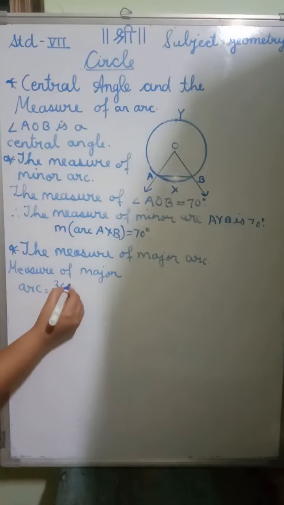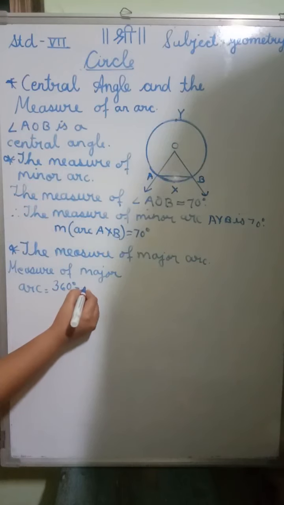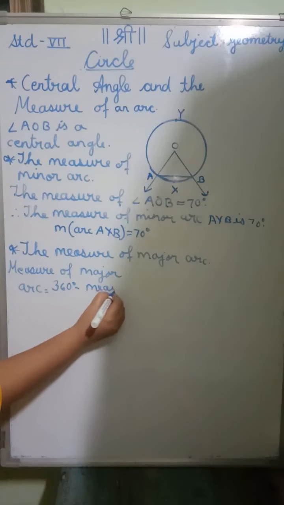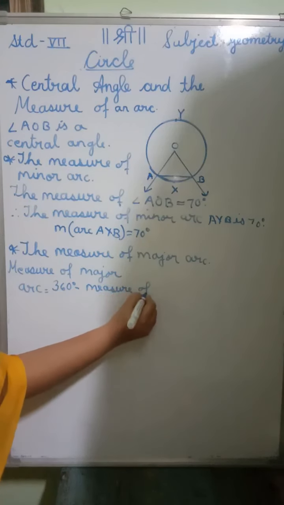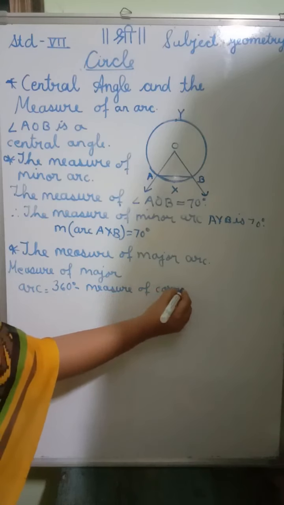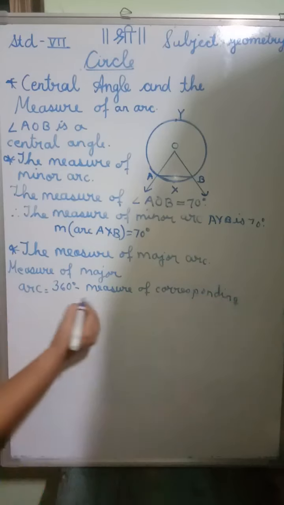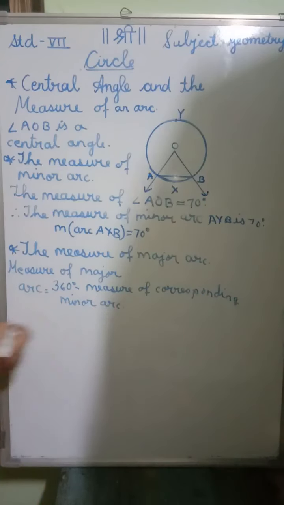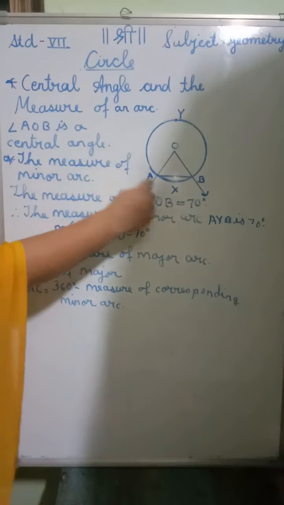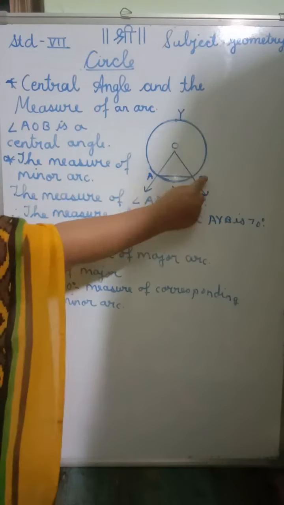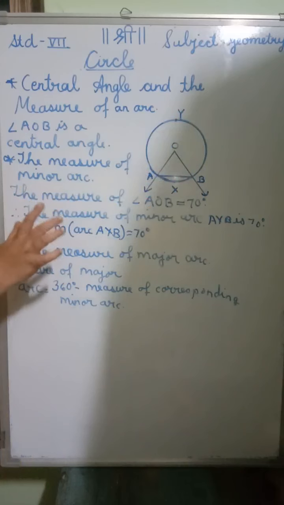Yes, the complete circle's measurement is 360 degrees minus the measure of the corresponding minor arc. Why corresponding? If you see the minor arc and major arc, are their end points the same? Common end points.